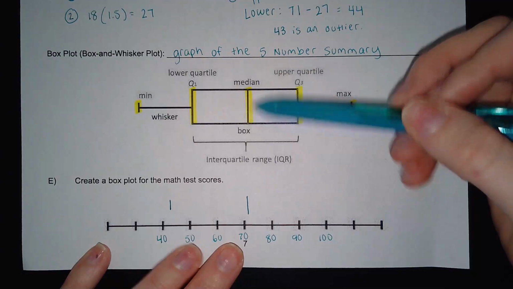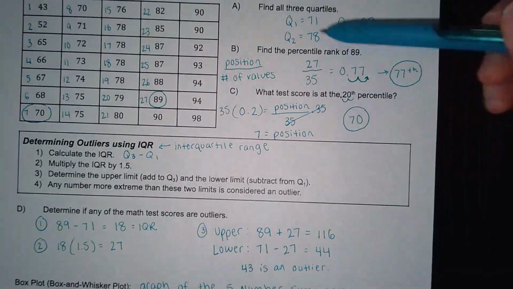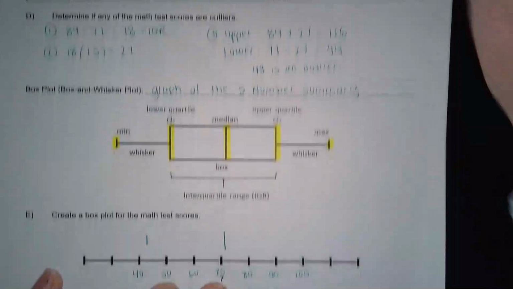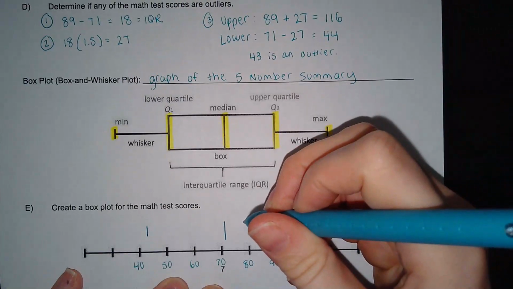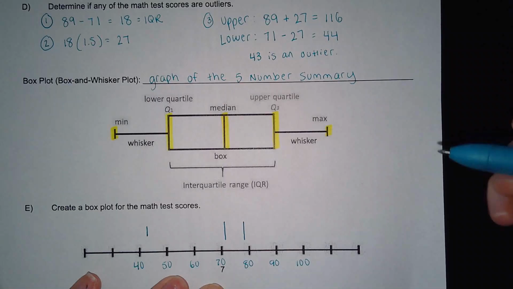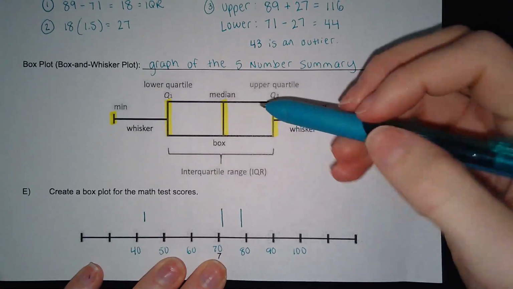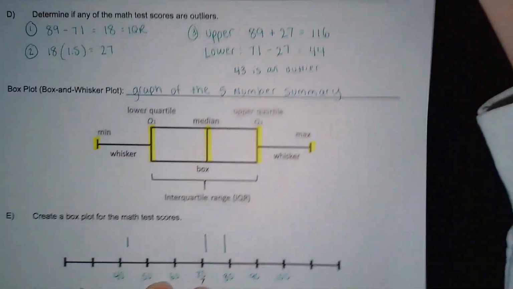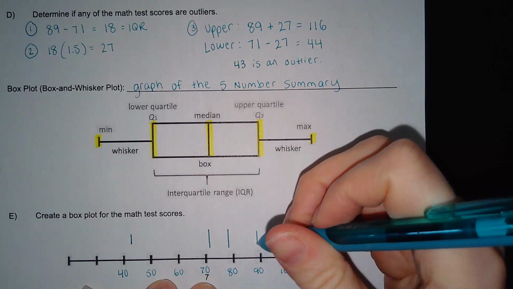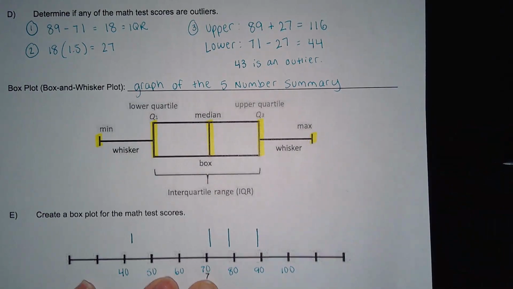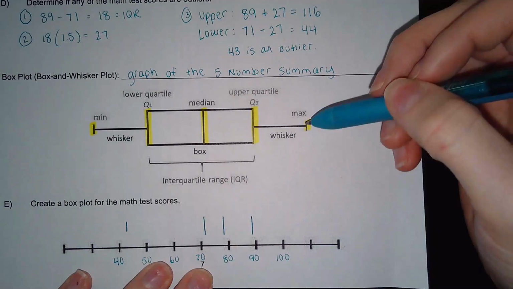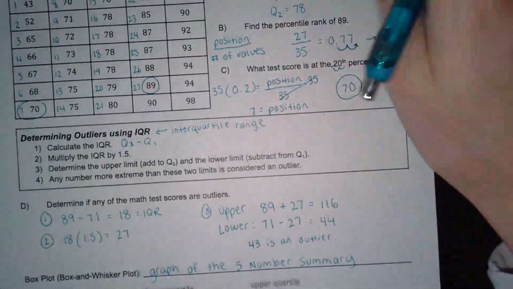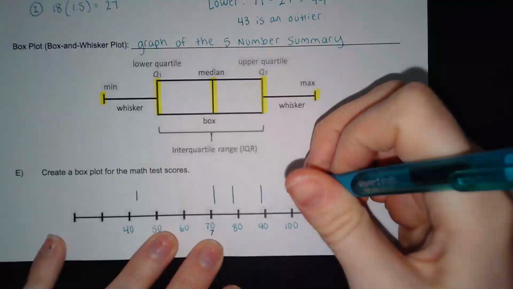Then we'll do our median. So I'm going to put a tick mark at my median, or Q2, which was 78. And then our upper quartile, or our Q3, which was 89. And then our last tick mark will be our maximum, which we know was 98. So I'll put a tick mark at 98.